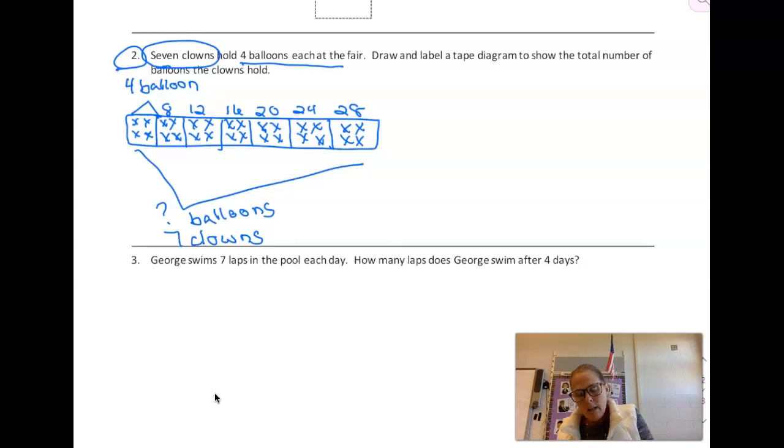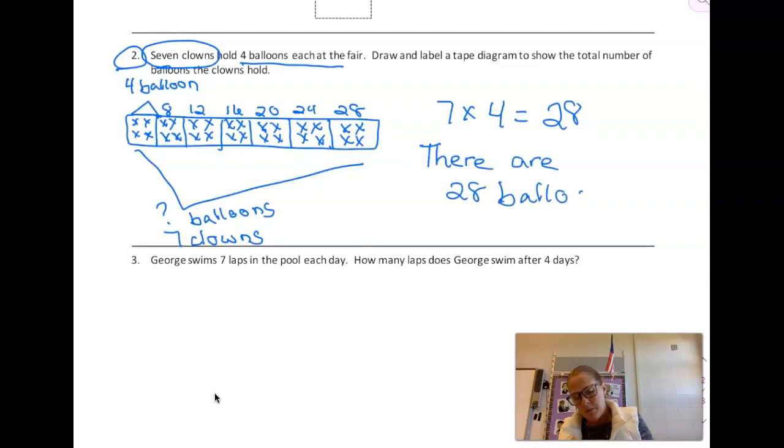We had 7 clowns holding 4 balloons each. So 7 clowns times 4 balloons each gives us 28 balloons. So I'm going to write a sentence. There are 28 balloons.